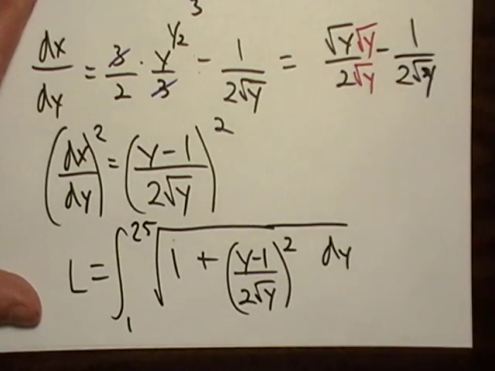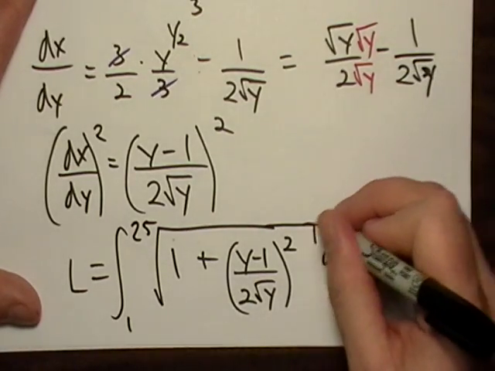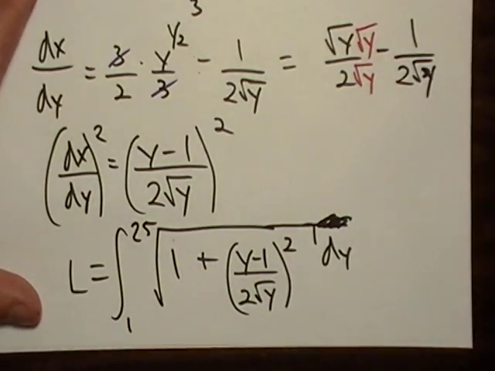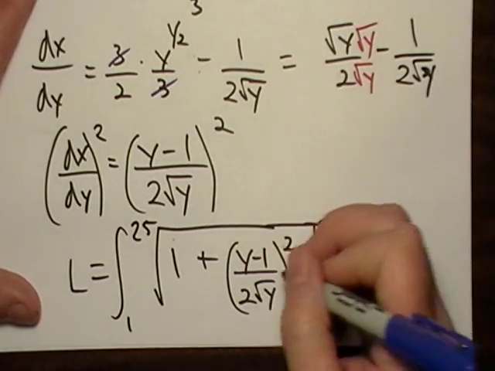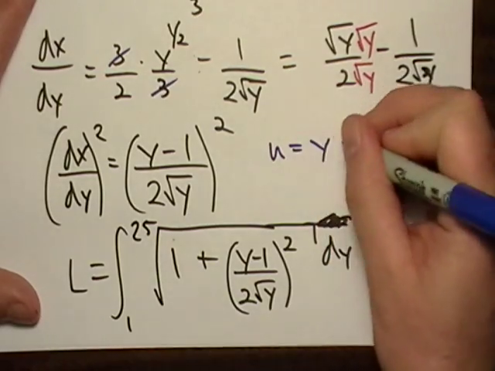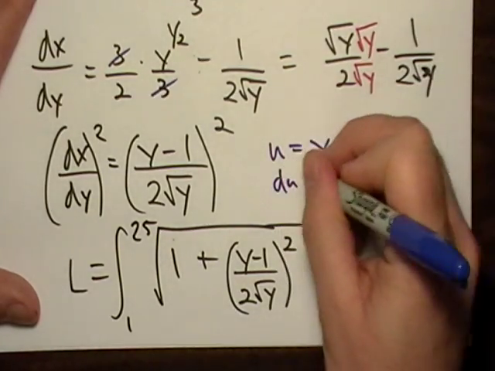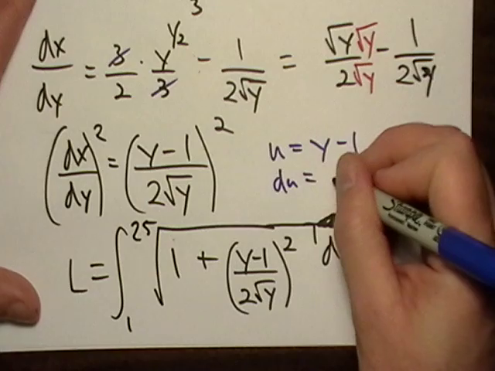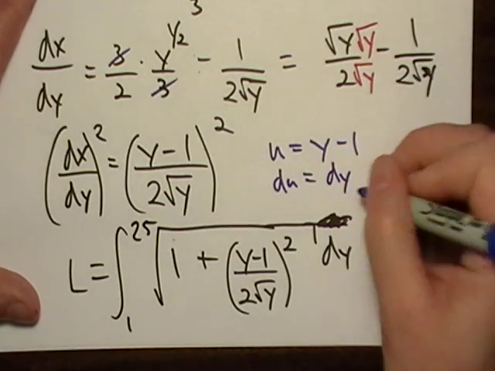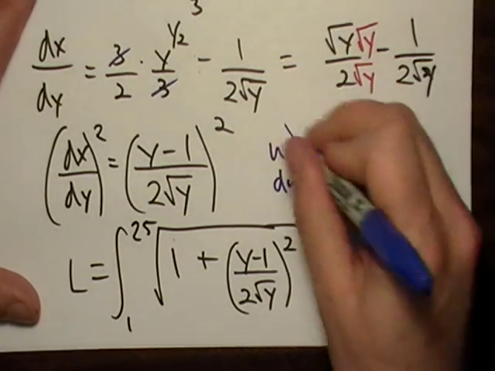There's dy. Actually, dy is not included in the radical. Sorry. What are we going to do? U substitution maybe? Minus 1, so du would equal just 1 dy, so that's not going to work.